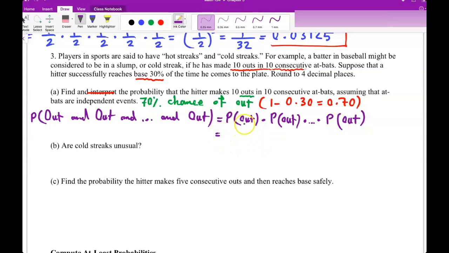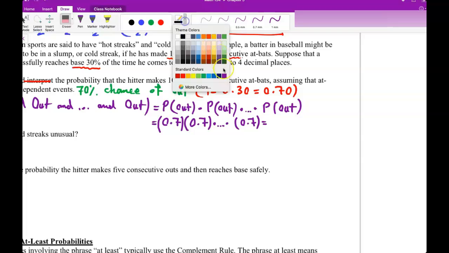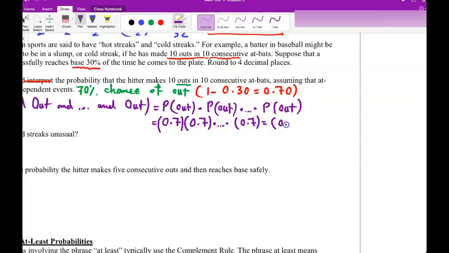So here the probability of out is 70%. Or I can write 70% to the power 10, because we have 10 outs.